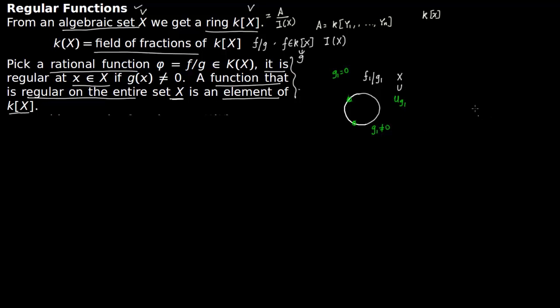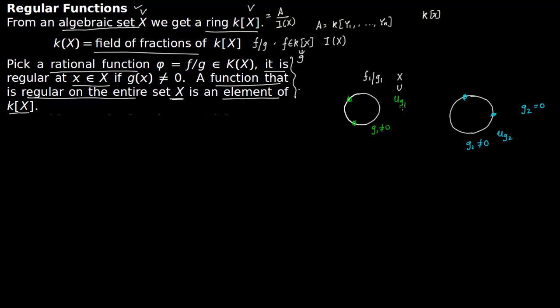Now again you take X and cut a different open set. Say you have another function, g2. This g2 is 0 at these 2 points, so you remove them from your algebraic set X and you will get u of g2, where g2 will not be 0.